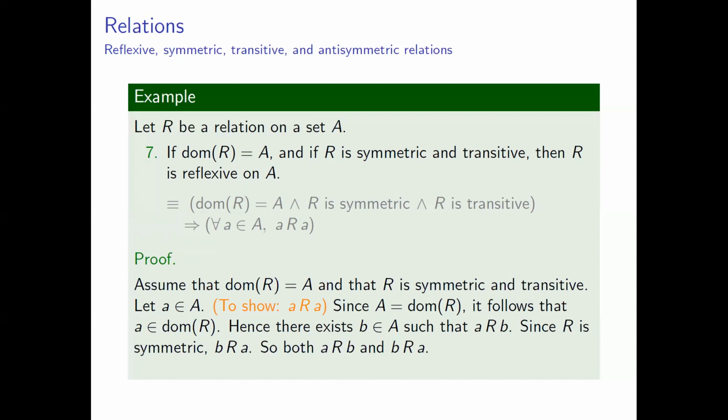So both a is related to B and B is related to a. Since R is transitive, a is related to a. Therefore, R is reflexive on the set A.